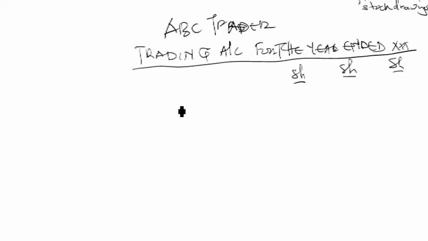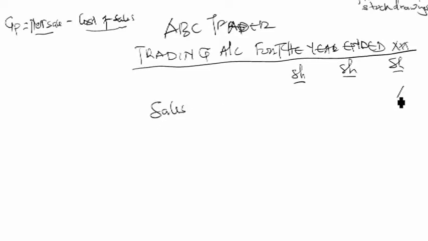Now we can start our analysis, and we said our gross profit is given by net sale minus cost of sales. So we start with the net sale, then we adjust the cost of sale. So net sales is given by, first of all, the sale revenue. So sales, at the end column there. Then what is adjusted net sale?